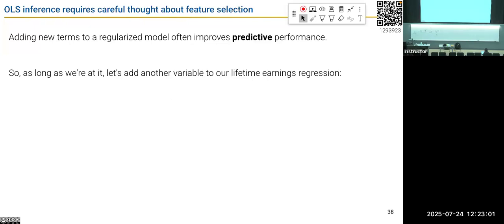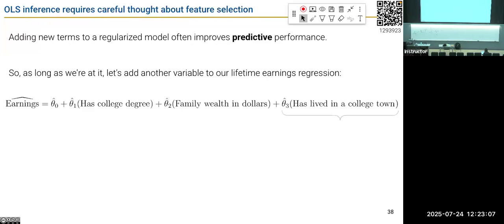And let's say we put in the feature for family wealth. And let's say we put in another feature, because why not? Another feature we put in is whether this person has lived in a college town.